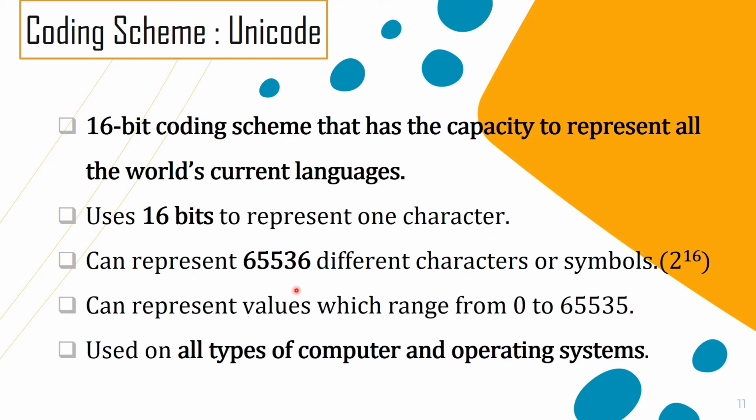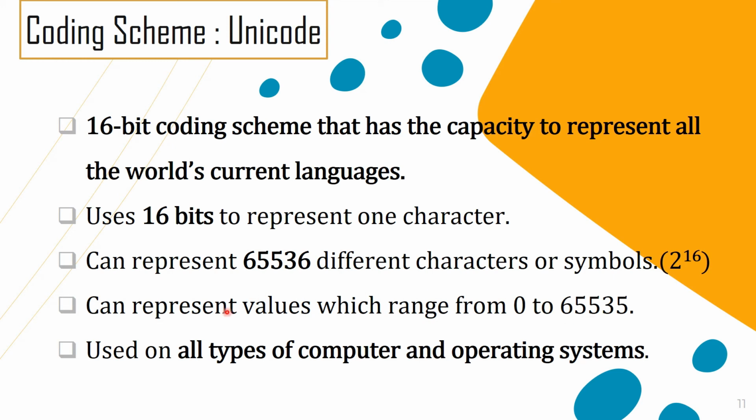and the total of different characters that Unicode can represent is up to 65,536. It comes from the equation 2 to the power of 16. So a Unicode can represent values which range from 0 to 65535.